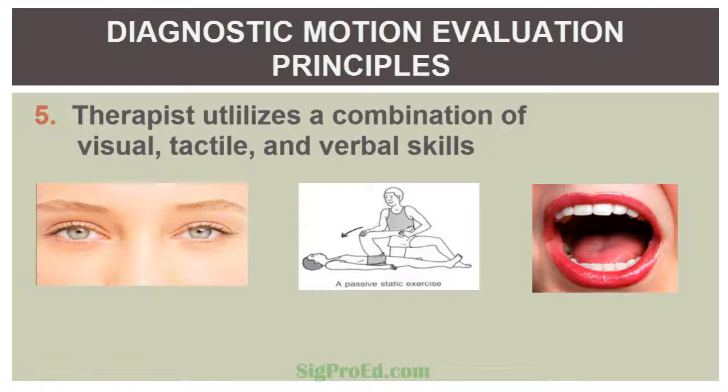And lastly, we're going to use our verbal skills, communication with our patient, particularly when you're beginning using diagnostic motion evaluation and the arms release technique. It is going to be vital to communicate with your patient. And if the patient has good body awareness, you can articulate to them, or they can articulate to you, at what point does the motion become difficult to perform?